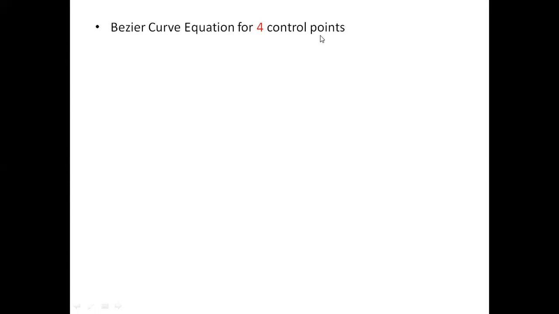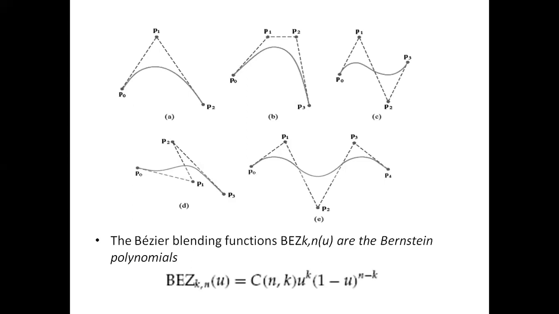Whenever you have 4 control points, like these, wherever the control points may be, I need a general equation that represents the curve. Whenever I have 4 control points, how does my Bezier curve look, or what is the equation for my Bezier curve?